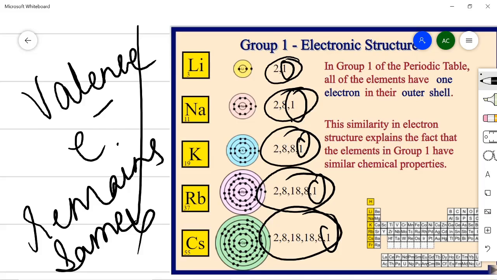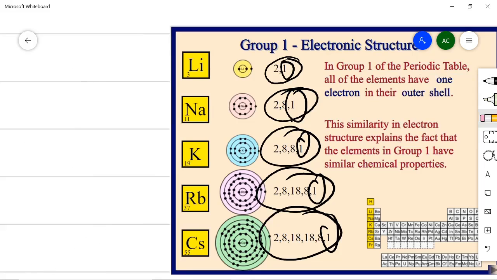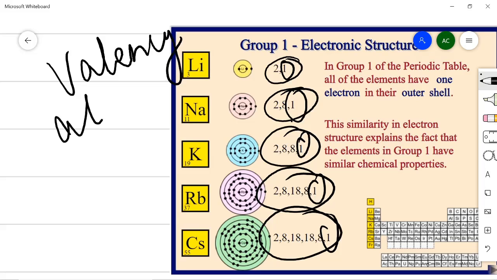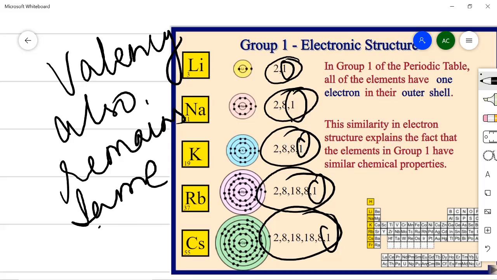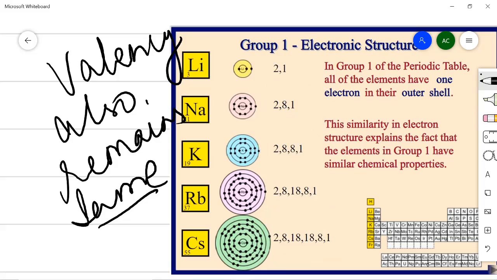that is why valency also remains the same. If the valence electrons are the same, then the valency will also be the same here. And what will their valency be? 1, because in the last shell they have got 1 electron, they will donate that 1 electron and have valency 1, and valency 1 is the group number.